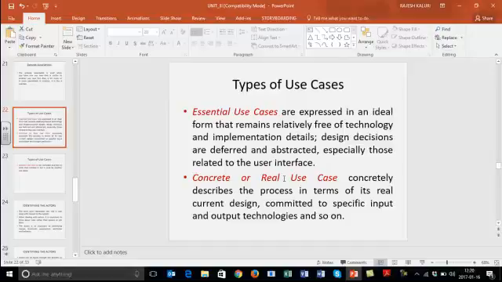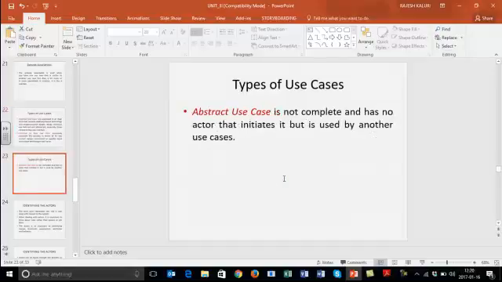And the next one is abstract use cases, something like hidden actors. If you take some systems where actors will be there but they are hidden, their presence will not be there, but they will be using the system and representing the system. In that way those use cases can be referred to as abstract use cases.